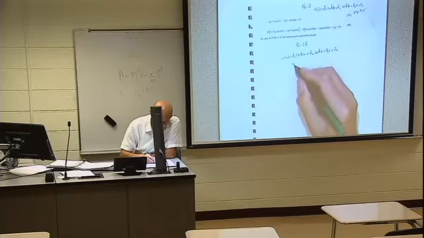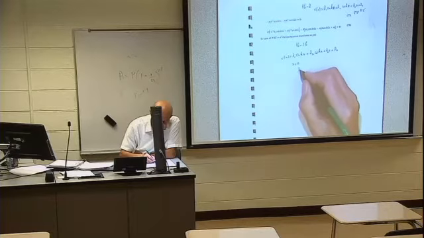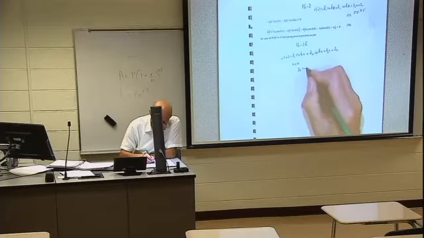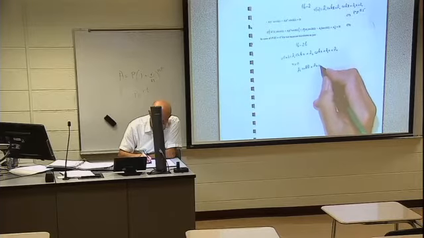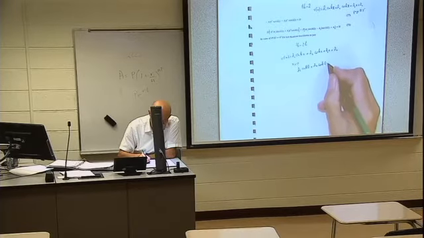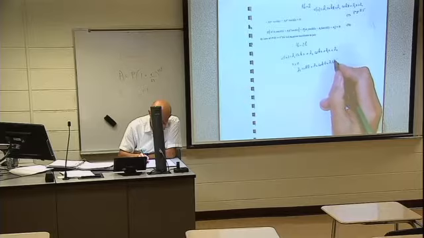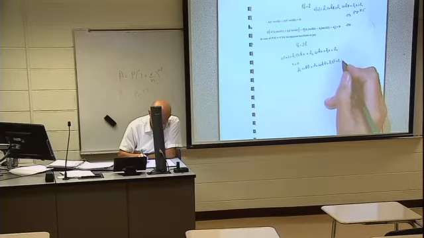When I substitute x equals 0, it is A1 sine k of 0 plus A2 cosine k 0 plus A3 times 0 plus A4 equals 0.